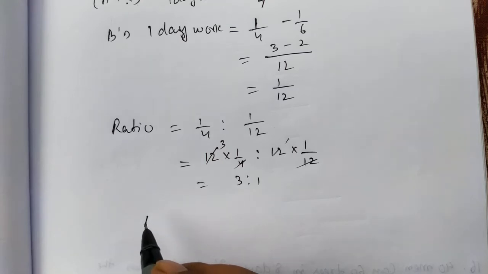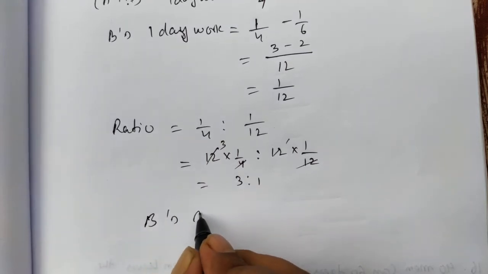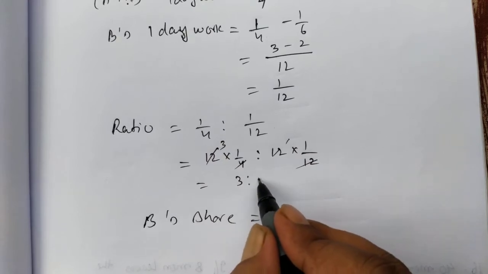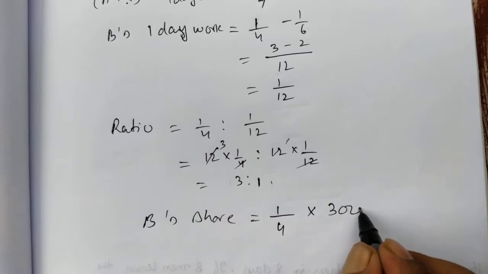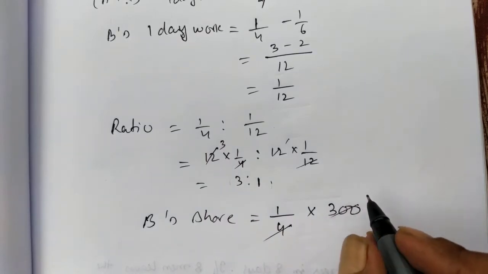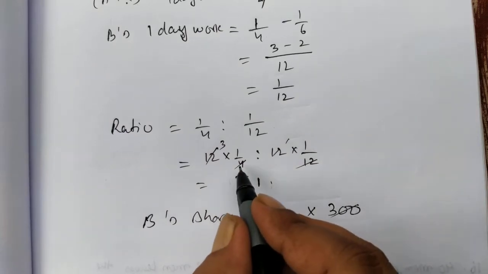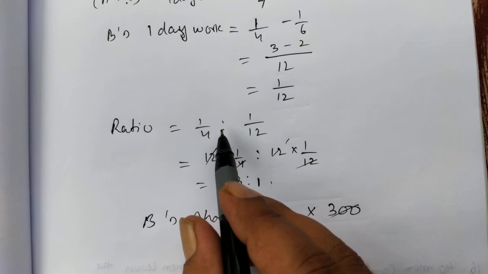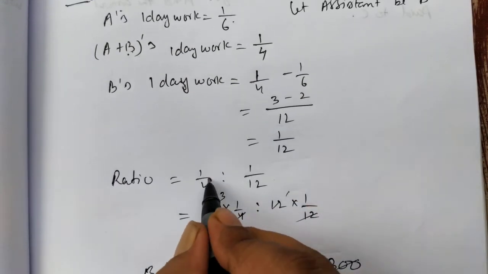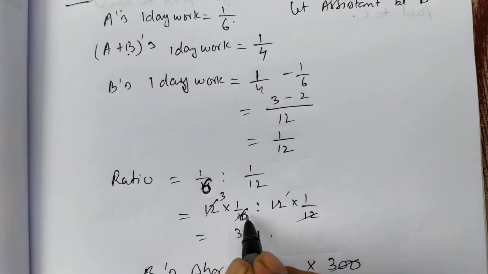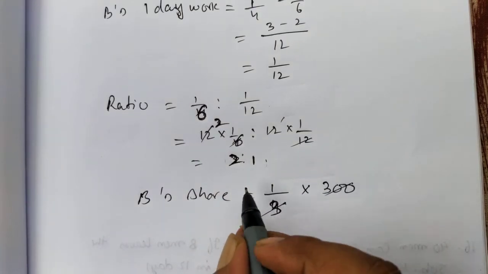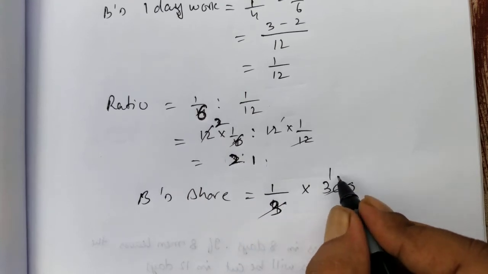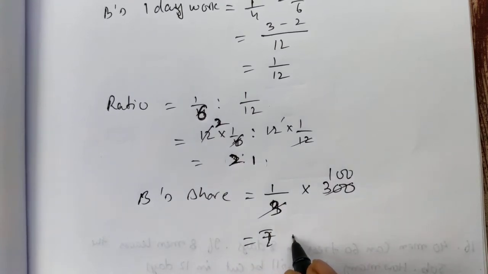So we're going to find the share of B. Share of B is 1 out of total ratio 4, into rupees 300. Sorry, A's 1 day work is 1 by 6, so the share is 2:1. So 1 by 3 will come. Total ratio is 3. So you're getting 100. So B share is rupees 100.